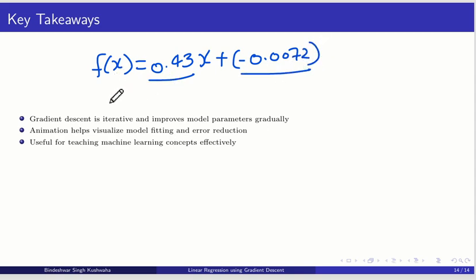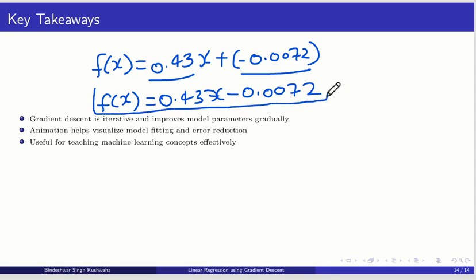So finally what will we get? Regression line f(x) = 0.43x minus 0.0072. So that is the regression line that fits the data.